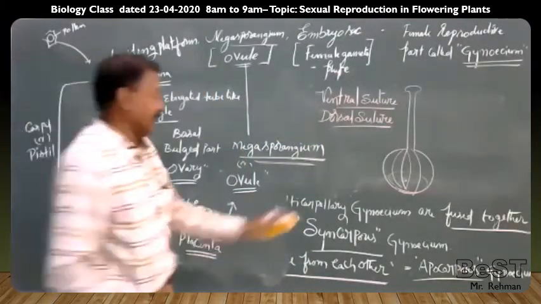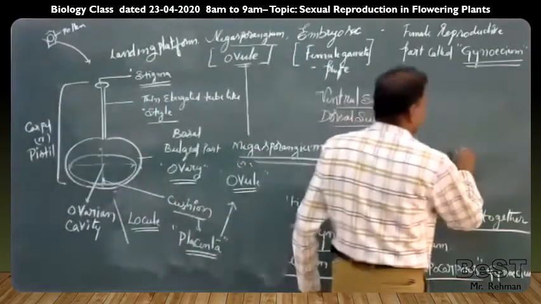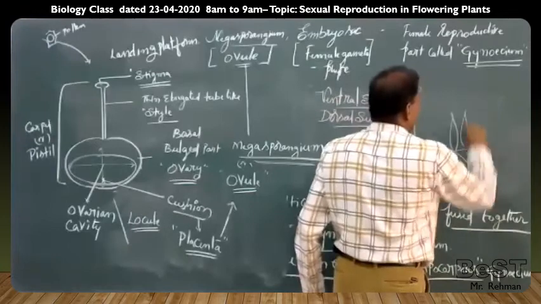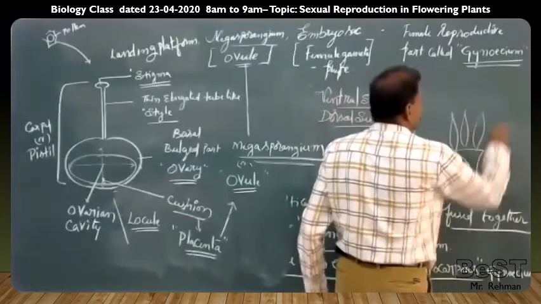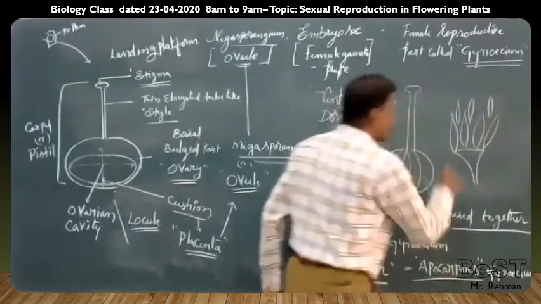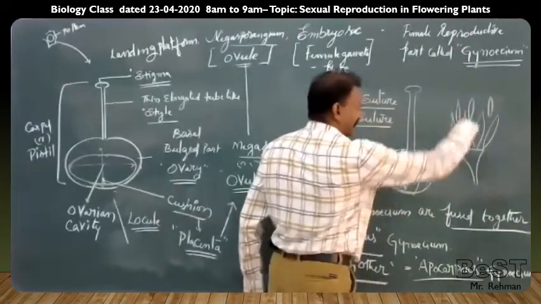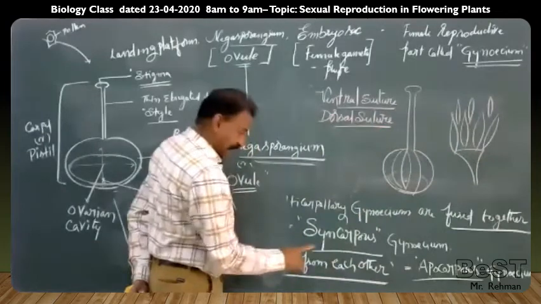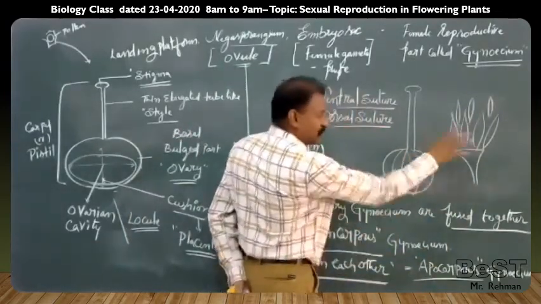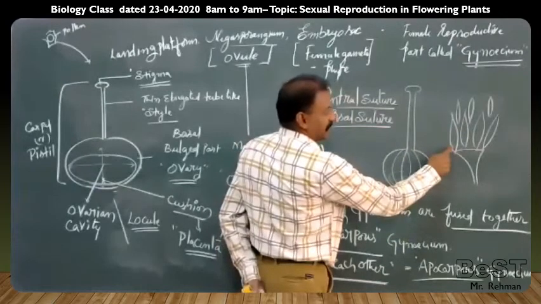If this is the thalamus, carpel, carpel, carpel, carpel, another carpel, another carpel. So many carpels, multicarpellary apocarpous gynoecium. Apocarpous means they are not fused, they are individual.